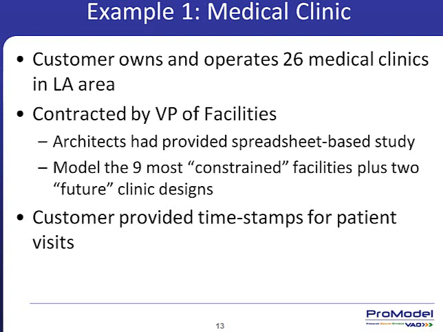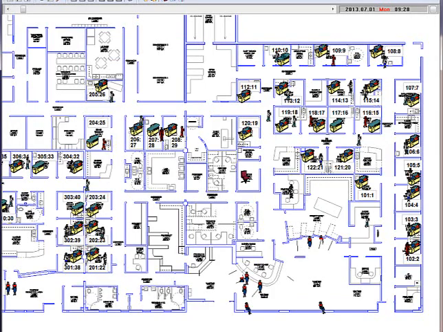So she had us model, to begin with, 9 of her more constrained facilities and 2 additional future clinic designs. She gave us timestamps for actual patient visits per clinic per month, and we used those as inputs into the model. Let me bring that up and start that running.